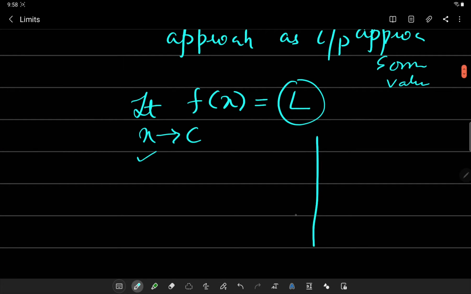So imagine there is a curve. The value L at a particular value c.